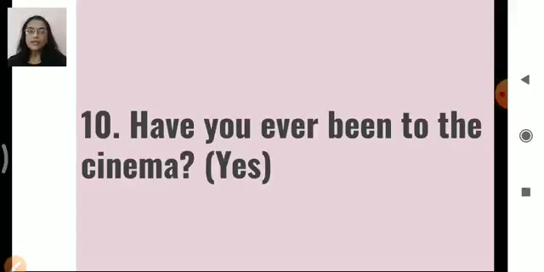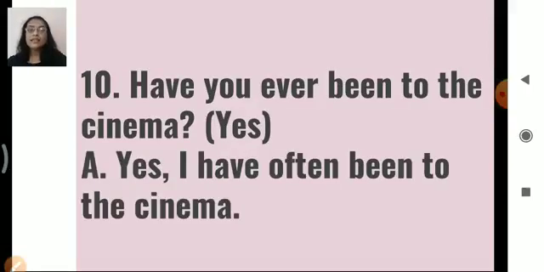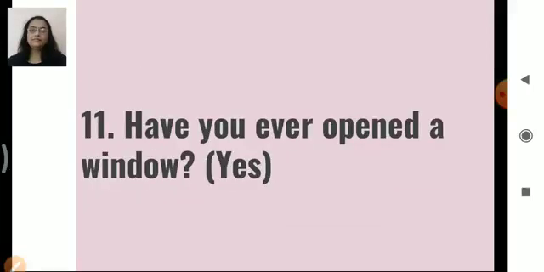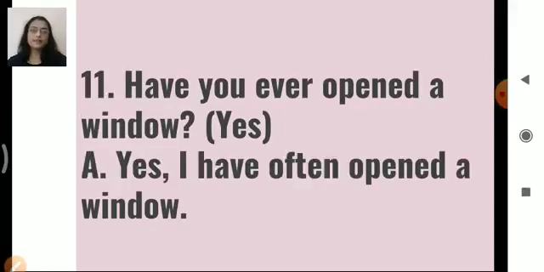Have you ever been to the cinema? Yes. So our answer will also be yes. So it is, "Yes, I have often been to the cinema." Have you ever opened a window? Yes. So we are going to use the word yes in our answer. "Yes, I have often opened a window."